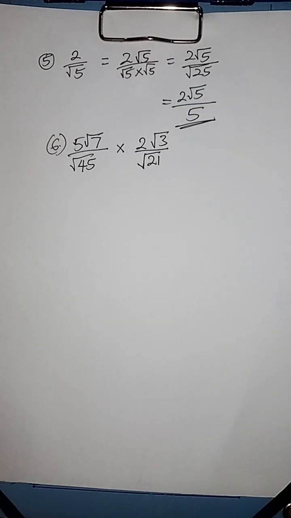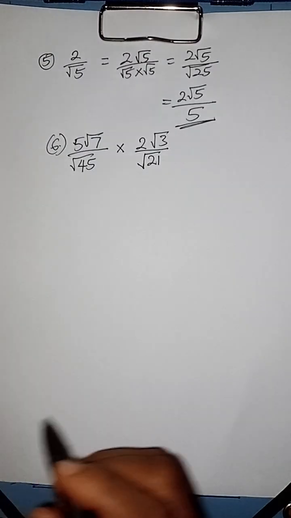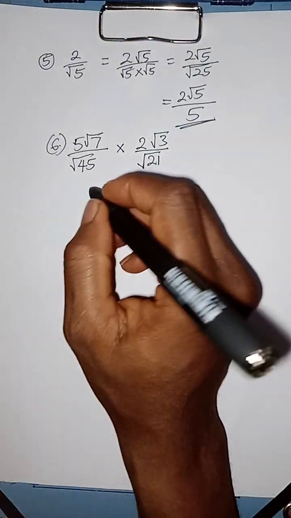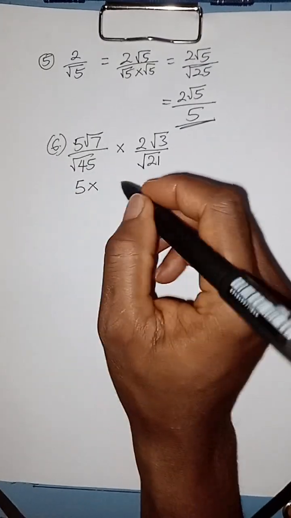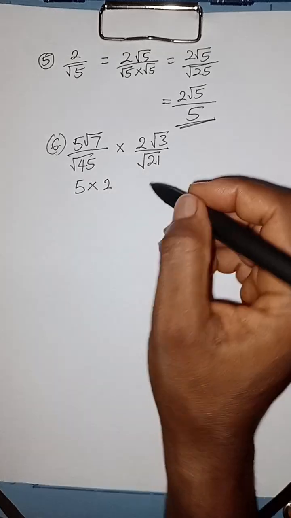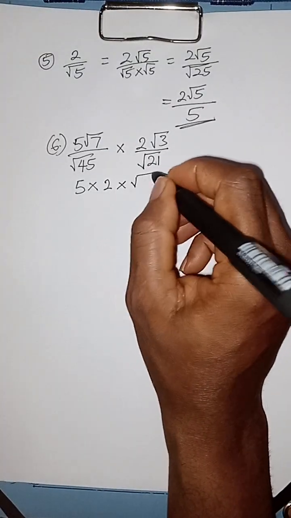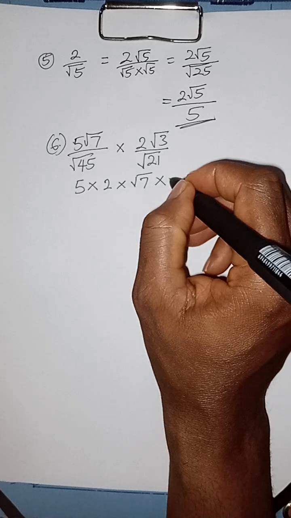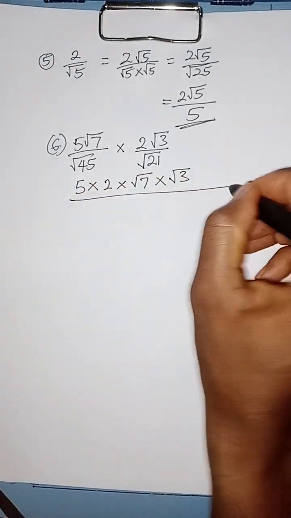Now let's look at number 6. Here, you have 5 root 7 divided by square root 45 times 2 root 3 divided by root 21. The question actually wants us to simplify this. It's not different from what we've been solving. So I could collect like terms, multiply the whole numbers separately, and multiply the surds separately.